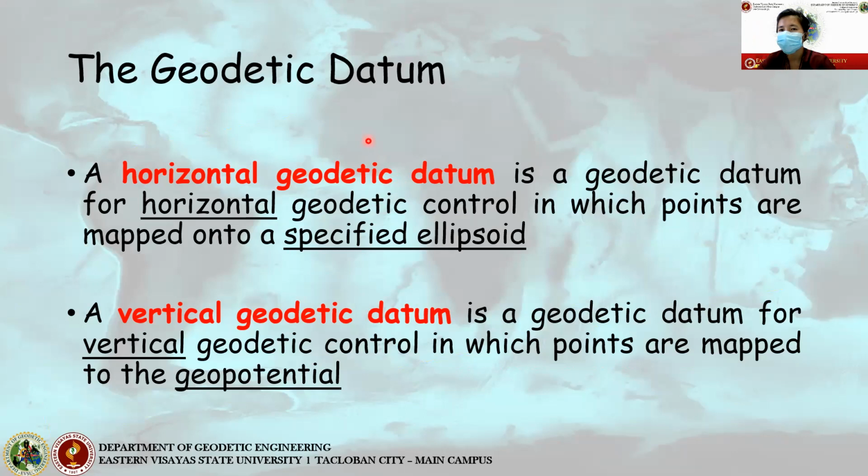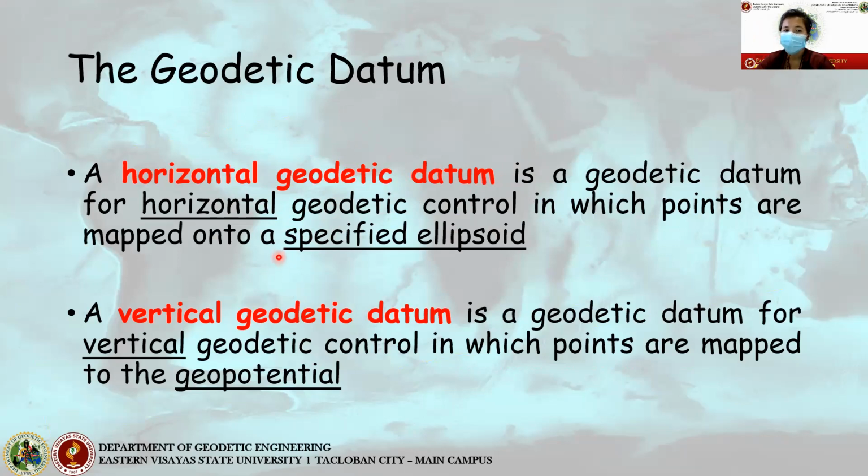The horizontal datum comprises only the X and Y direction. It is a geodetic datum for horizontal geodetic control if its points are mapped onto a specified ellipsoid. So it comprises only latitude and longitude, or northing and easting.